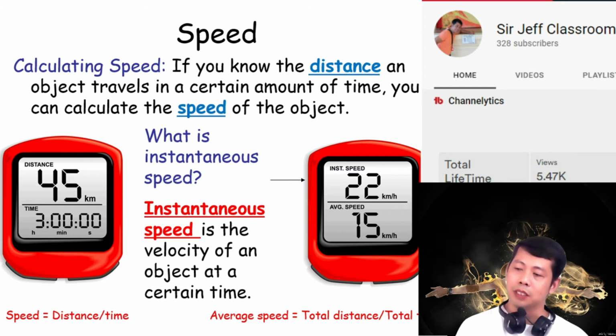In this scenario, you have an instantaneous speed showing 22 km per hour. The average speed is your speed from the entire trip until now, 15 km per hour. Instantaneous speed is the speed at a particular time, because it is not constant. There are times when you speed up and slow down. The average combines the slow and fast parts of your travel. This is your average speed on the entire trip.